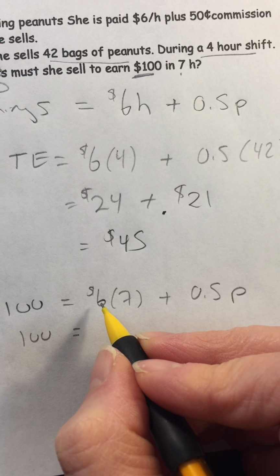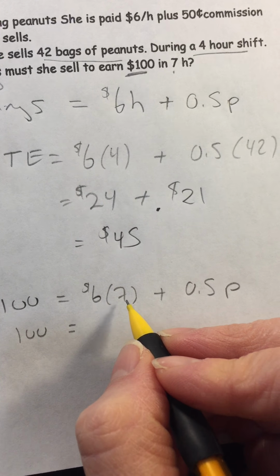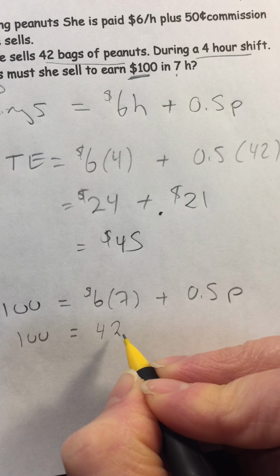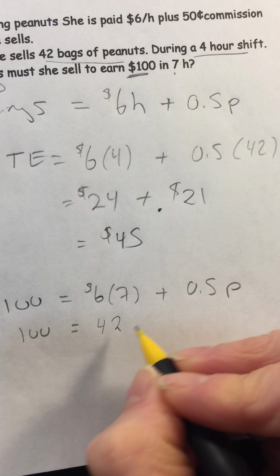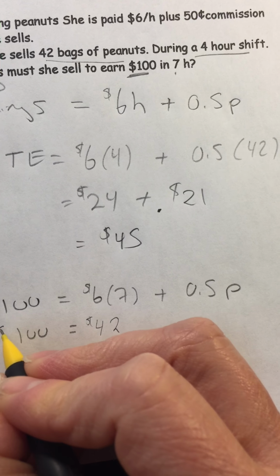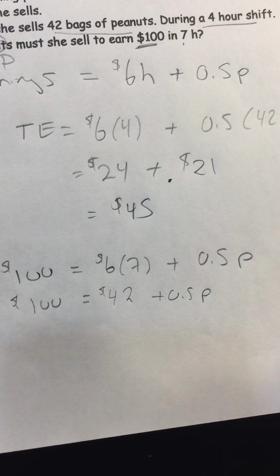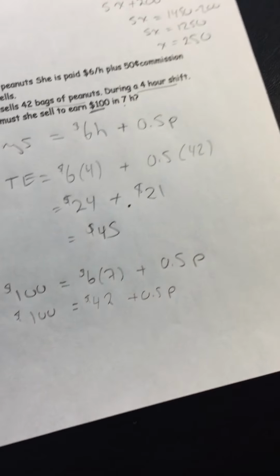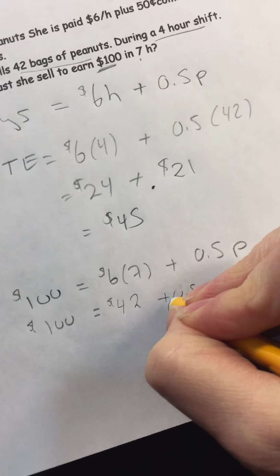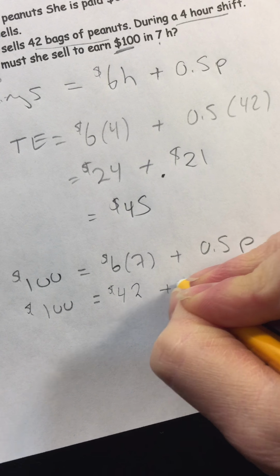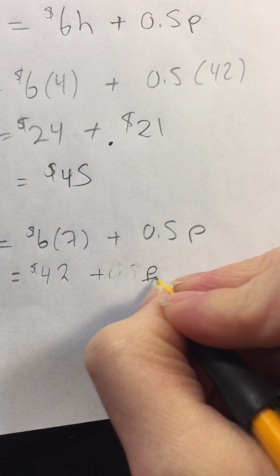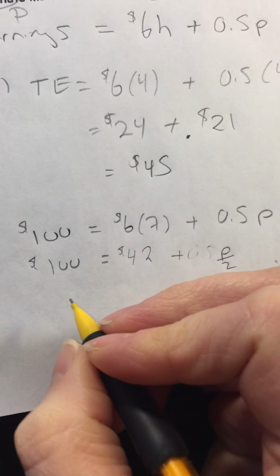Okay, so $6 an hour times 7 hours that she works is $42 for those hours, and she earns $100, so 100 equals 42 plus 0.5p. I don't like 0.5, so I'm going to change it to half p or p over 2, just because I like fractions better.